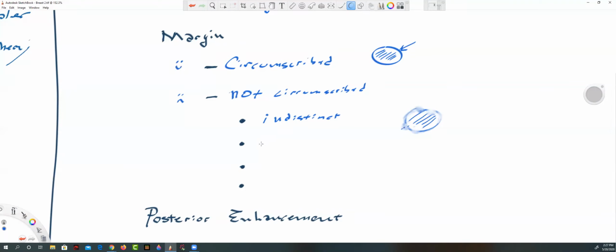Let's see, angular. It's kind of a weird term for a mass. We don't usually see angles, but that could be an angular type shape. Not to mention irregular. Microlobulated.